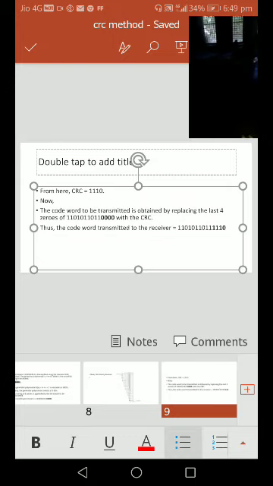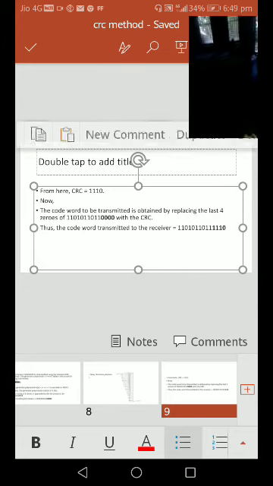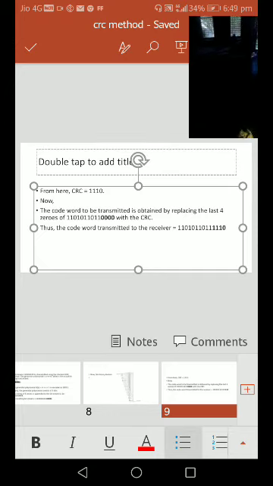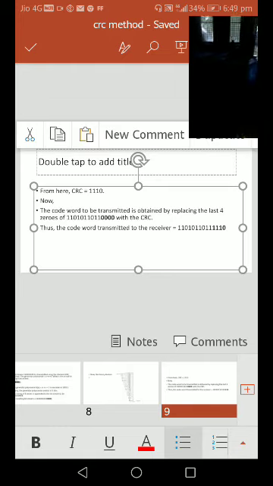The CRC bit is 1110, which we add in place of the 0000. Thus the code word is transmitted to the receiver.